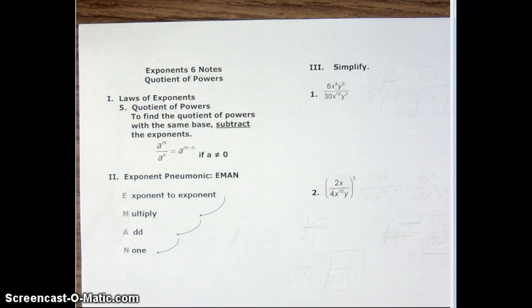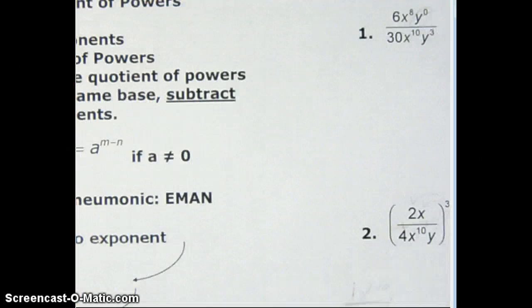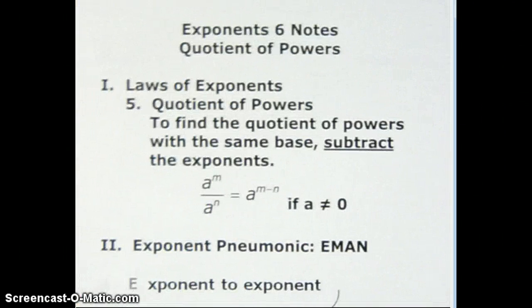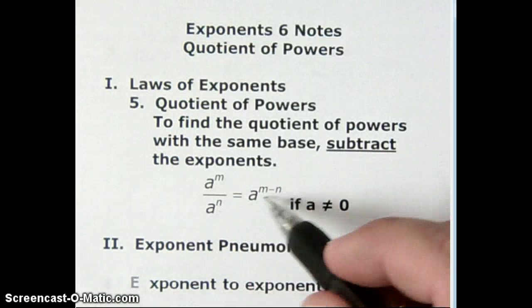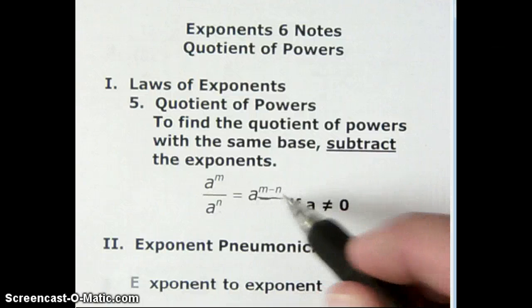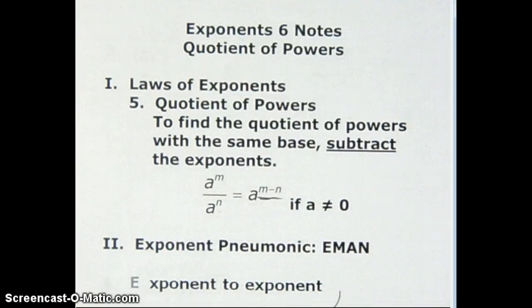If you remember, for the quotient of powers, if you're dividing two powers, then you subtract the two exponents. That's going to be the main thing behind this lesson, but you're going to have the other ones thrown in there as well.